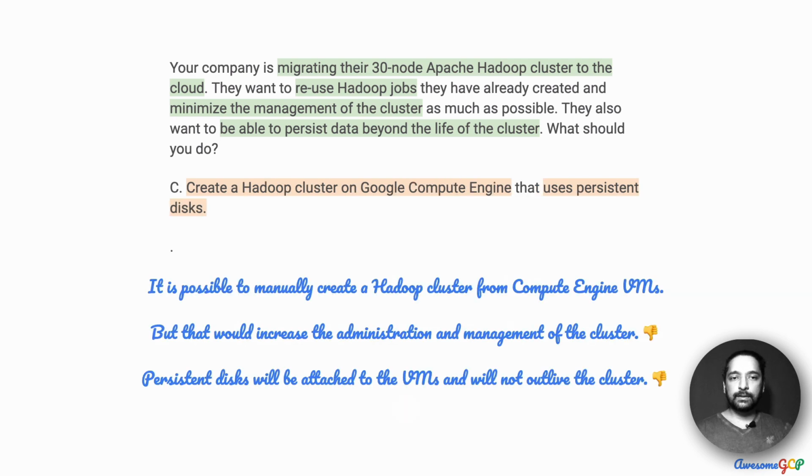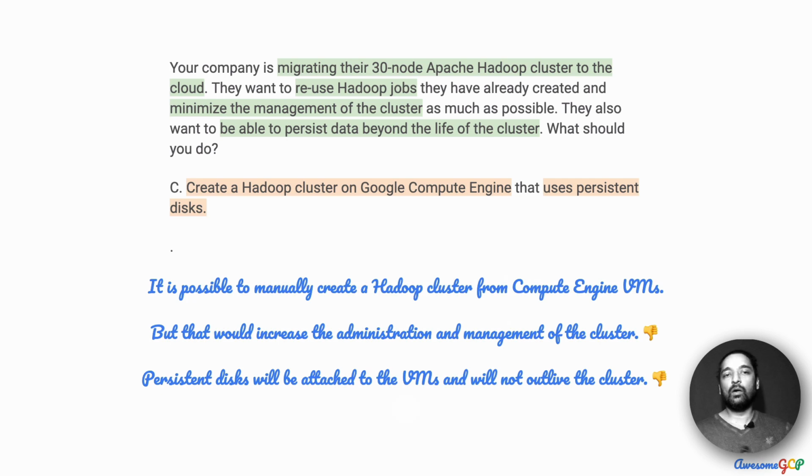Option C suggests that we create a Hadoop cluster on Google Compute Engine that uses persistent disks. Now, Google Compute Engine is an infrastructure as a service. It is able to give you raw VMs and you can use it for whatever you want. So if you are using an Apache Hadoop cluster on-prem with your own machines, you could replicate the same thing within Google Cloud.